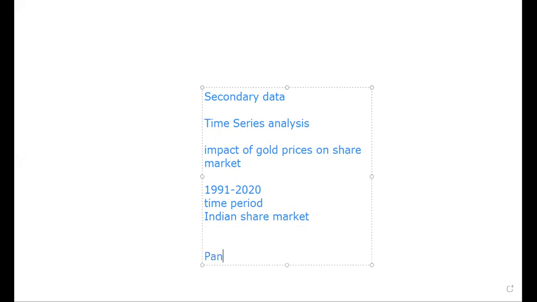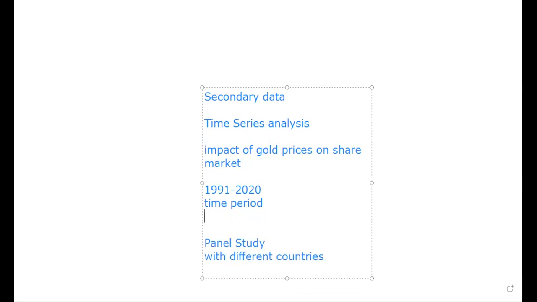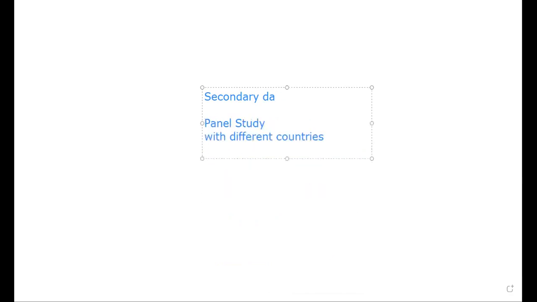And for secondary data, there is one more study, that is panel study. In panel study, if I want to see the impact of gold prices on the market with different countries, that means now I have a time period from 1991 to 2020.